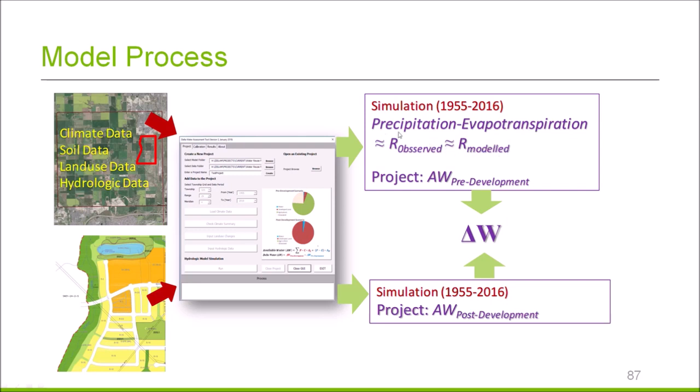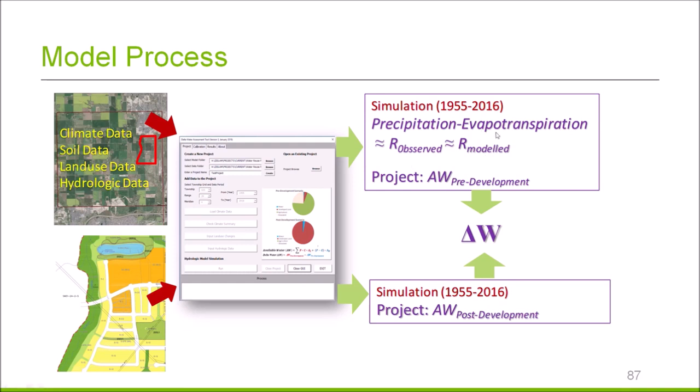One of them is long-term precipitation minus evapotranspiration. That's very close to surface runoff. The inflow of water minus outgoing water, so the long-term average of this number is close to surface runoff. And then we try to match that number with observed runoff, which I showed in those two different layers. And then we also try to match that number with the modeled surface runoff using the SCS Curve Number method.